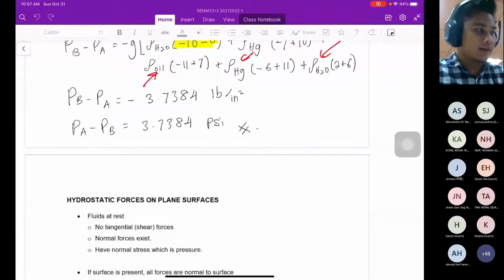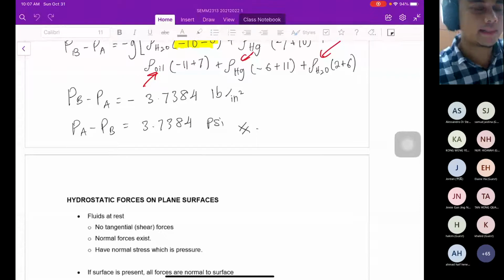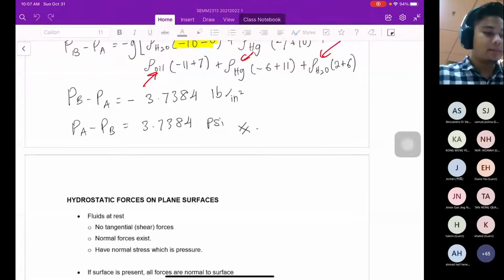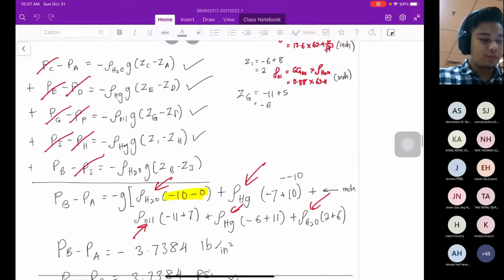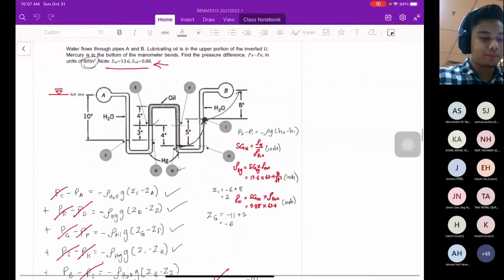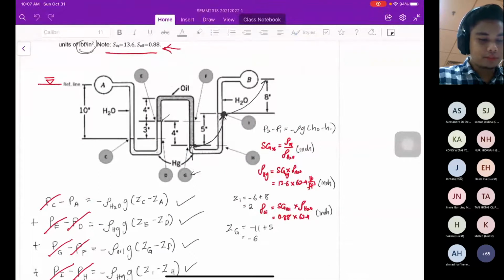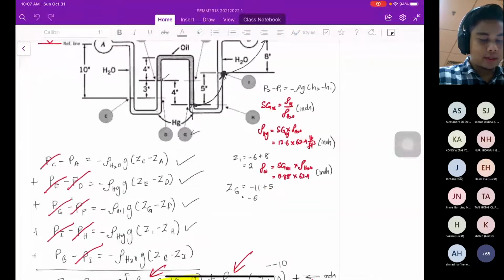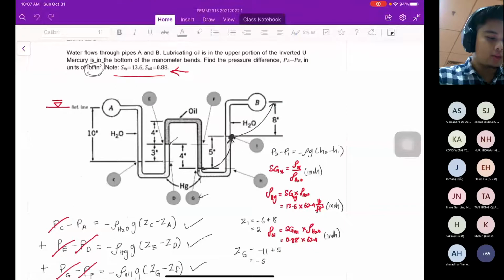Okay, class, remember the last session we learned how to calculate the pressure difference between point A and point B. Okay, this is just a recap. So basically, this is how to calculate.